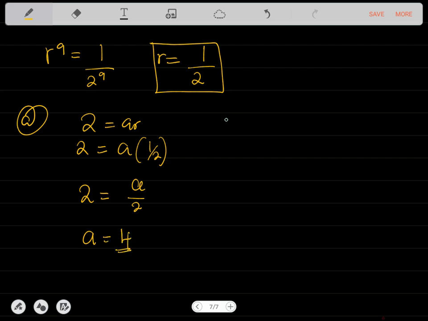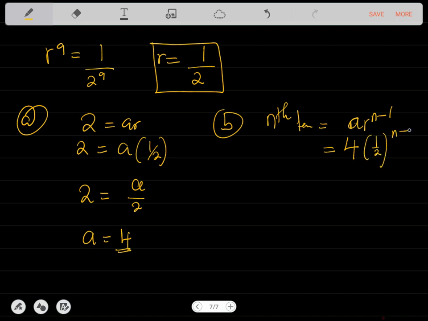What about our nth term? We know that this is given by a r to the power n minus 1. But this time around, we know what a is, it's 4. We know what r is, it's a half. So the nth term is 4 times (1/2) to the power n minus 1. That's all.